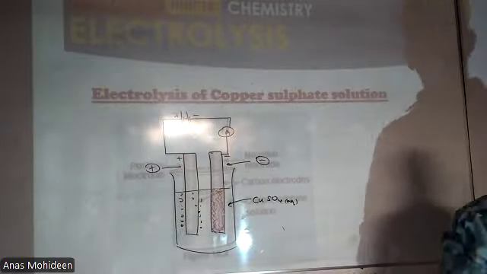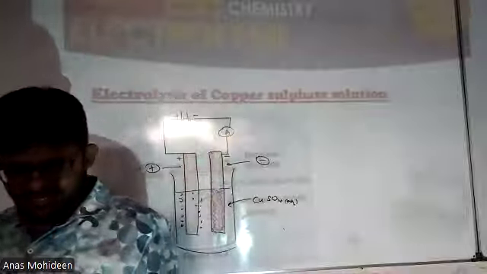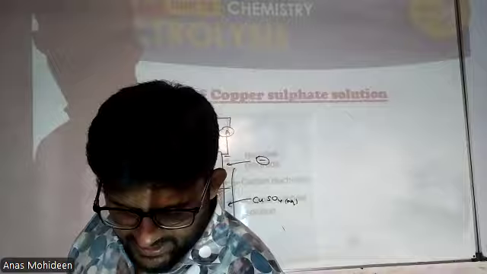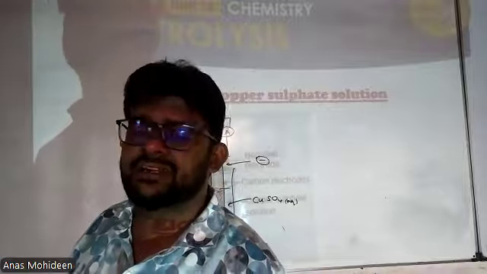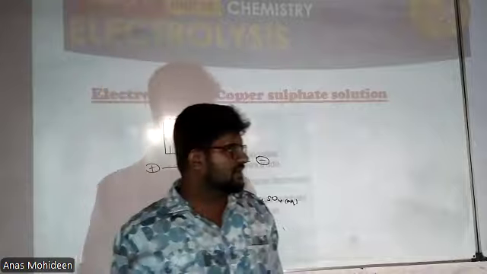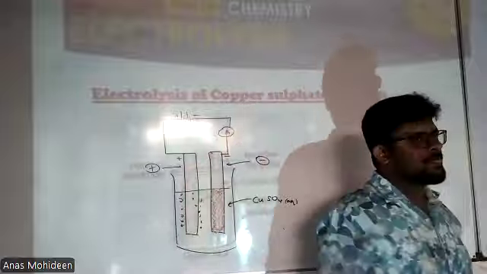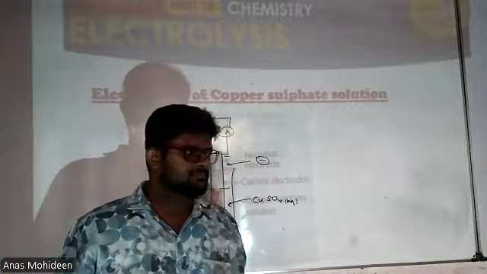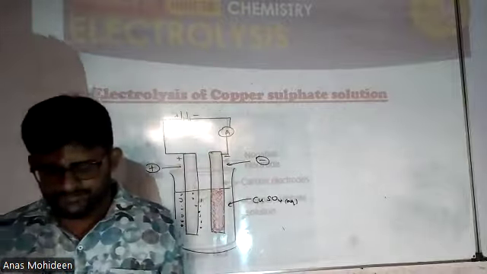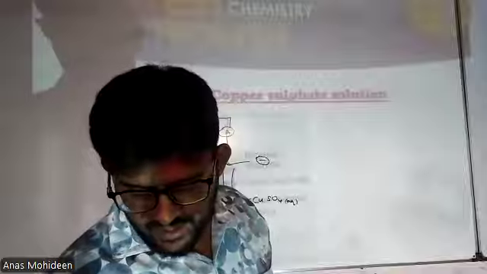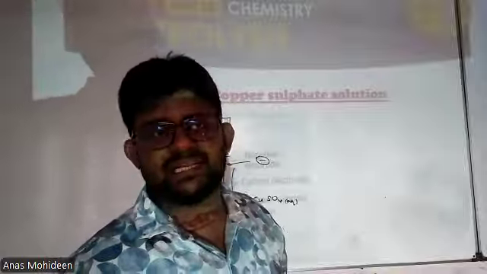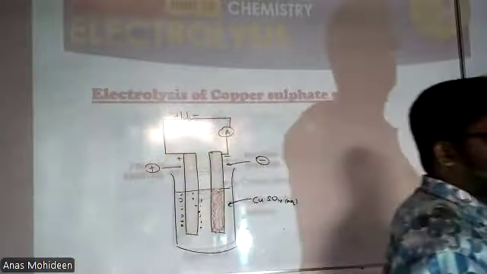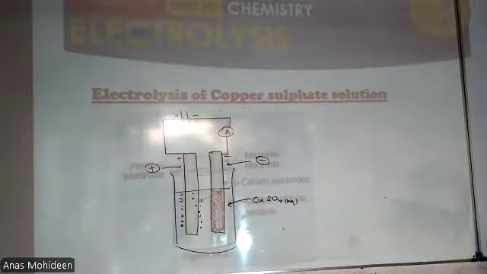Read there: a substance that doesn't react chemically with the electrolyte is referred to as inert electrodes. Underline inert electrodes. Carbon and platinum electrodes are such examples. Underline carbon and platinum.